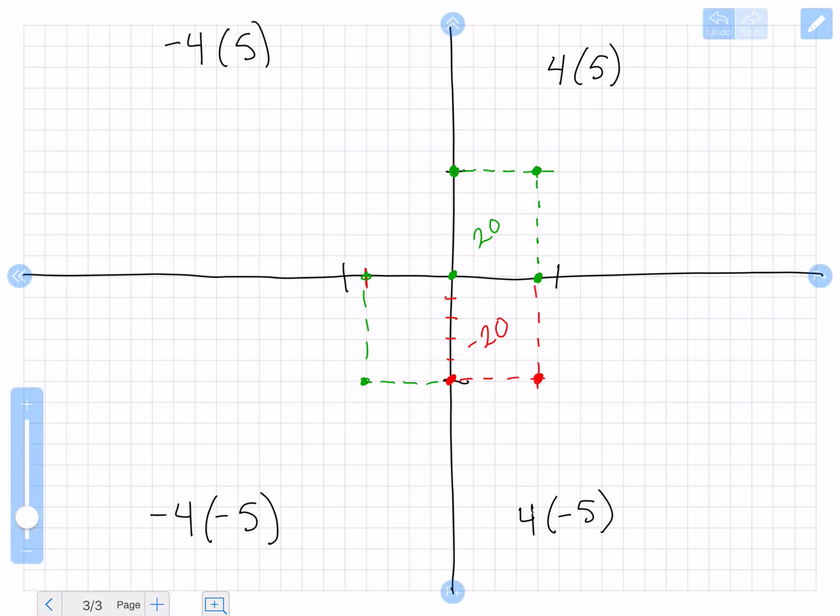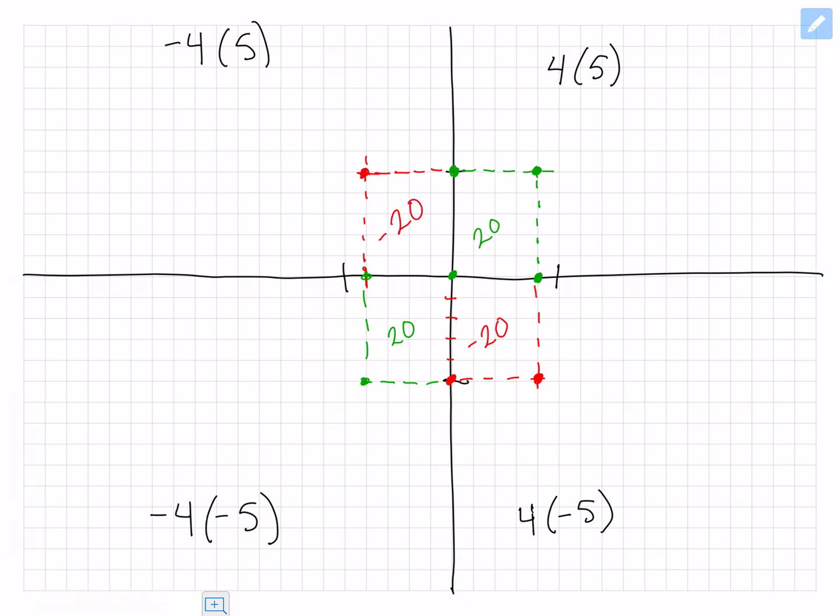And inside that rectangle, there are 20 squares, and they are positive. Again, I'll explain why in a moment. Finally, I find negative 4 on the x-axis and positive 5 on the y-axis. I find where those two come together, and inside there are 20 squares, and they are negative.